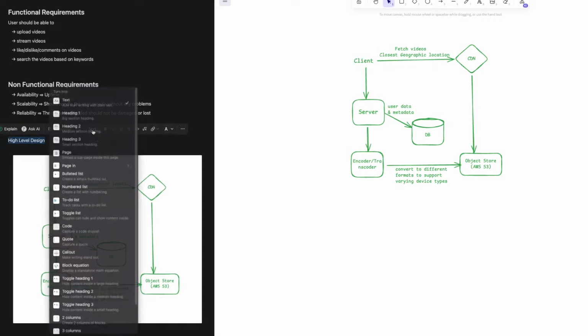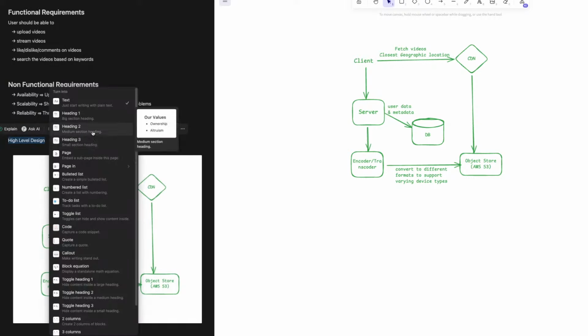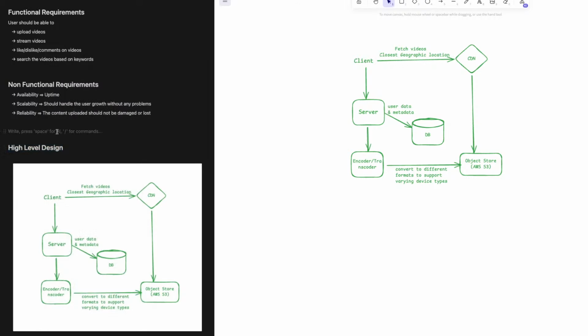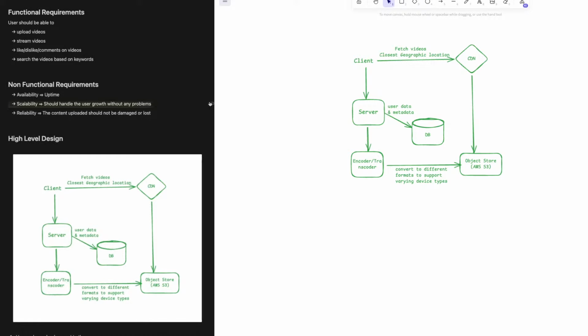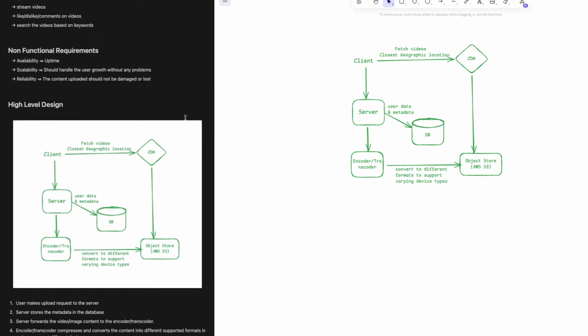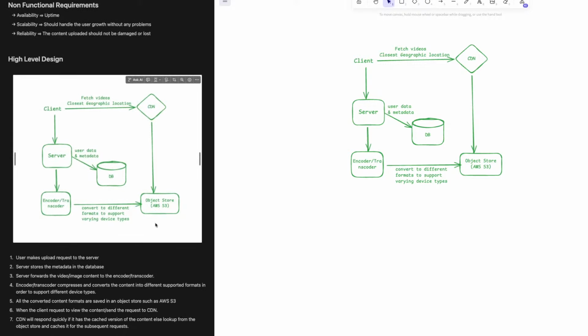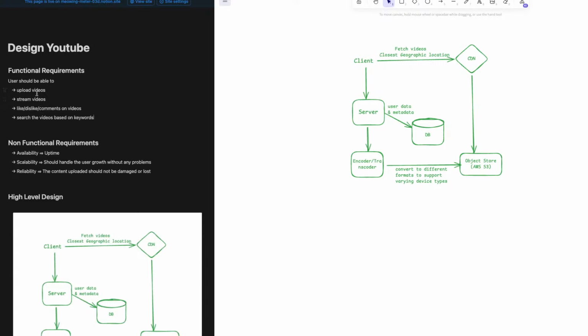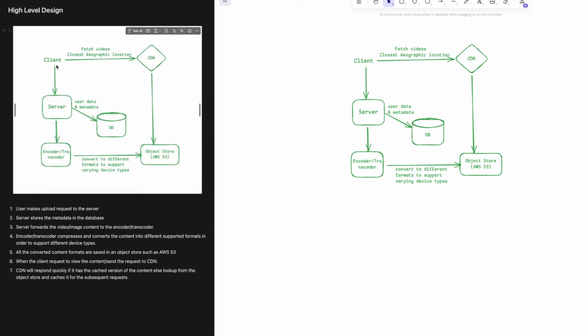So now let's go back to our functional requirements and see if these components can address all the functional requirements that we derived before. In the functional requirements, there was a requirement to upload videos. Yes, we can support the upload workflow with these components.